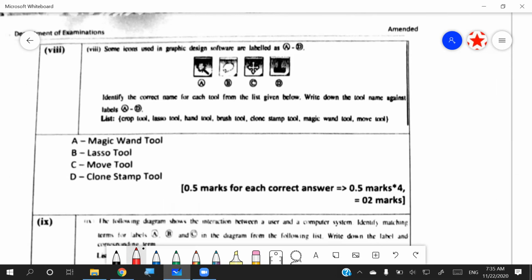Even though it contains some different tool names, you know what those are, right? But we are not really familiar with some, like the magic wand tool, which is not very much heard by us. But in our GIMP, it is called the fuzzy select tool.